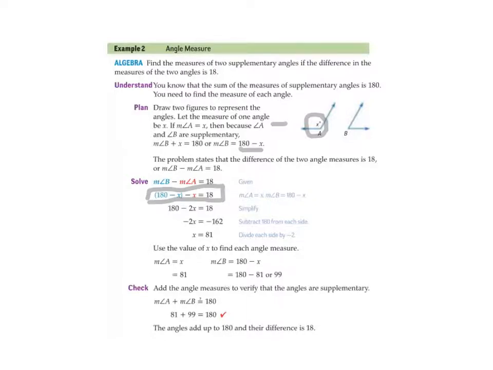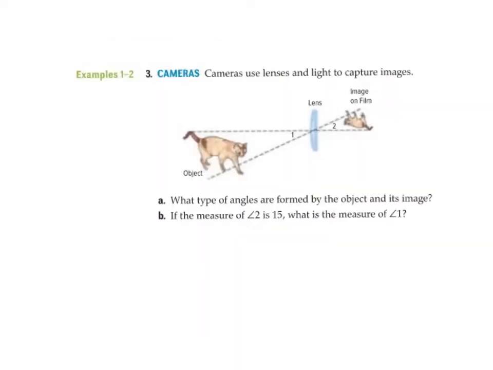Okay, and what do they tell you? They do tell you that the difference is 18. Okay, so that's where the 18 comes from. So you solve for X. Okay, you plug it back into both of them, and then if you add them together, you've got your check. So if your check is correct, like it is in the example, you know your algebra has to be correct also.